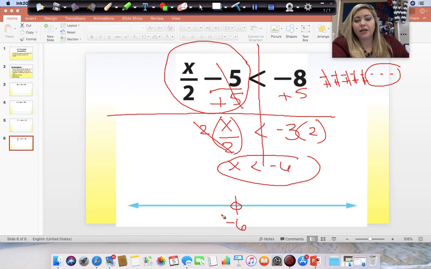We are going to circle it and leave it open because it is not including 6. And then you can draw your extra numbers. And shade to the left, because that is the direction that our arrow is pointing.